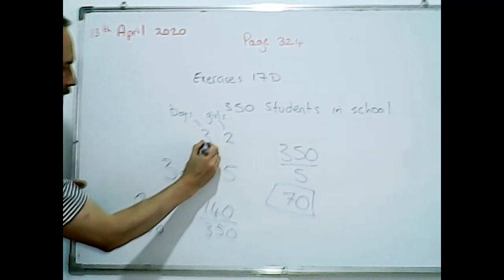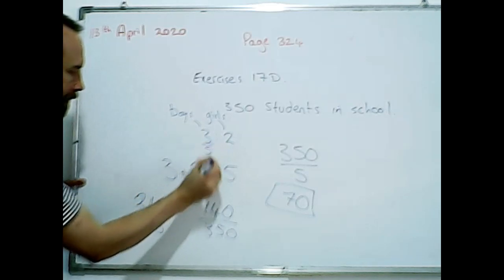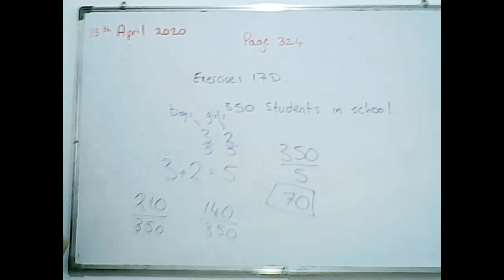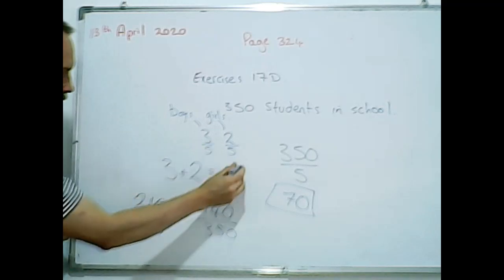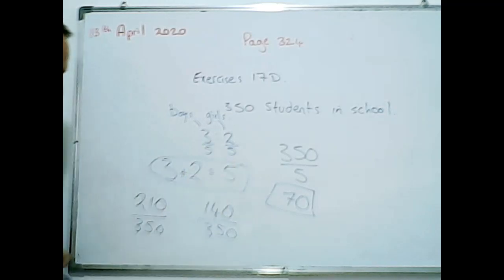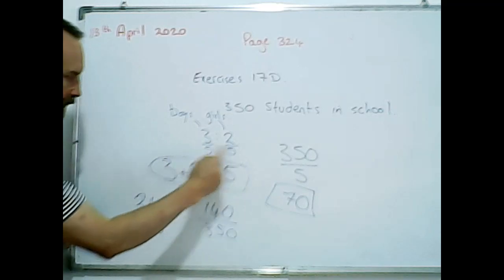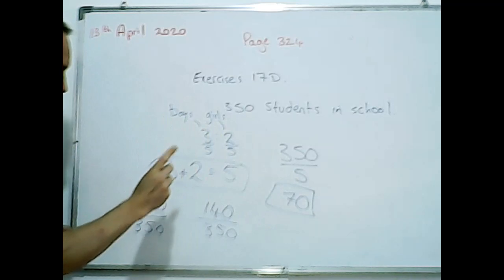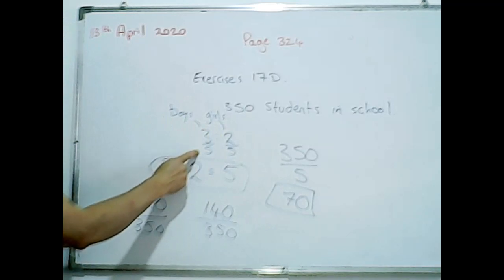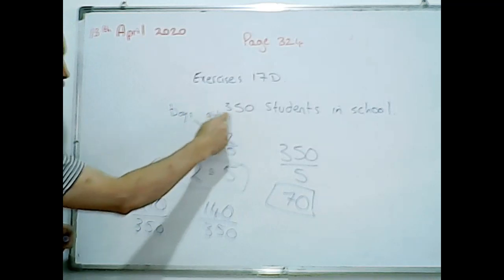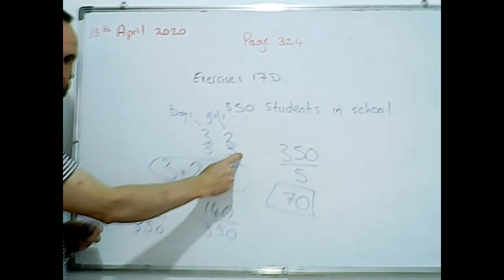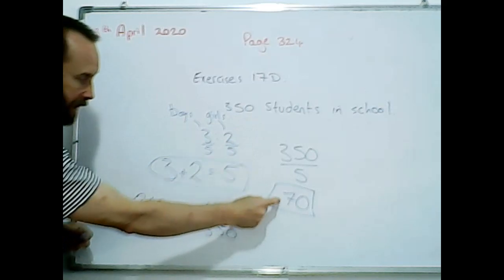Now if we want to check this, these are fractions really. 3/5 are boys and 2/5 are girls. We got the 5 by adding these together. Then we found how many is 1. If 3/5 are boys and 2/5 are girls, we've got 350 altogether. So we divide the 350 by 5, and then we get 70.